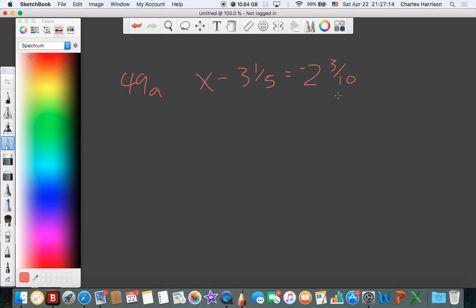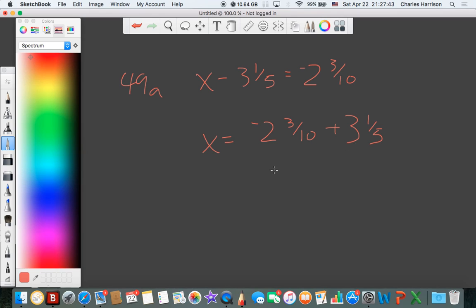We need to add this to this, so it's really x equals negative 2 and 3/10 plus 3 1/5. Now we're gonna have a positive in the end here because this is bigger than that negative when it comes to absolute value.